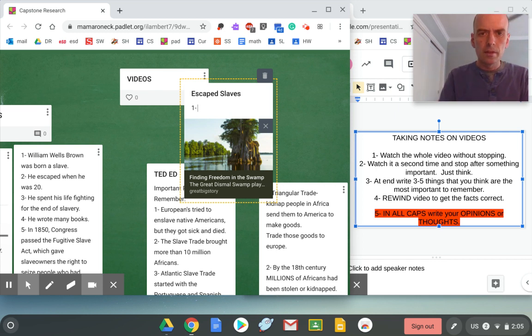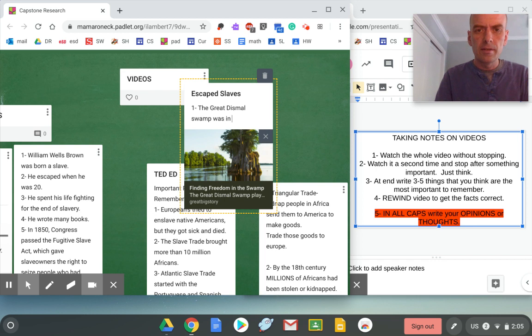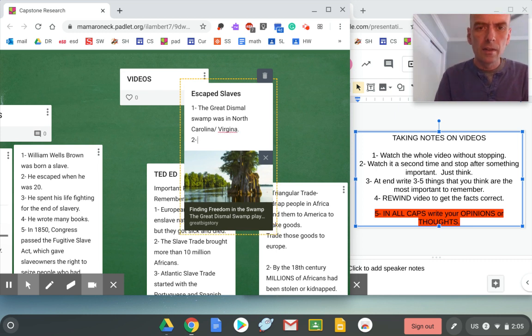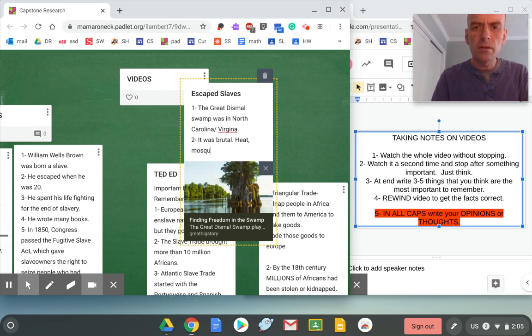That the Great Dismal Swamp was in North Carolina, in Virginia, it said. I could go back to the video. It was brutal. Heat, mosquitoes, poisonous snakes, right?